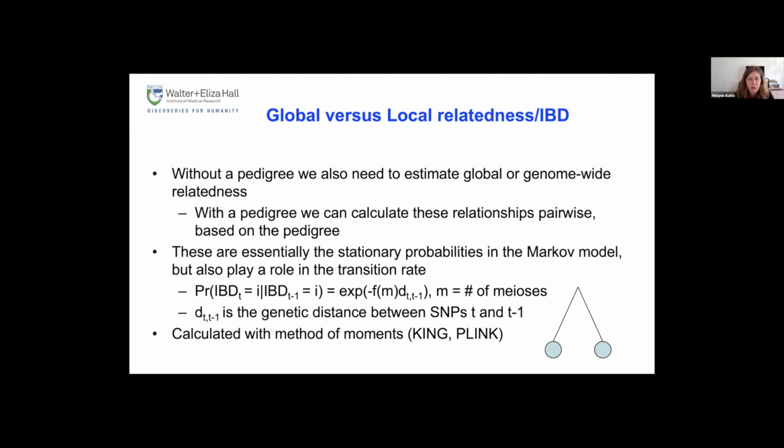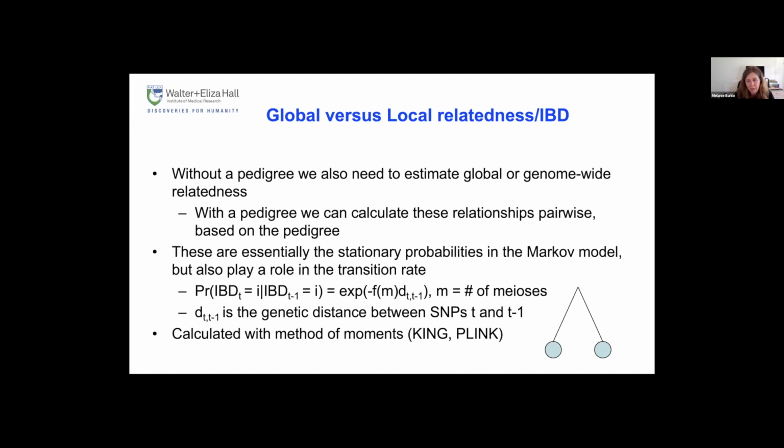Now I need to introduce you, when you go to inferring relatedness between pairs of individuals when you don't have a pedigree, you also need a concept of global versus local relatedness. And that harks back to what I was saying before. Without a pedigree, we need to get an estimator first up about some kind of global or genome-wide relatedness.